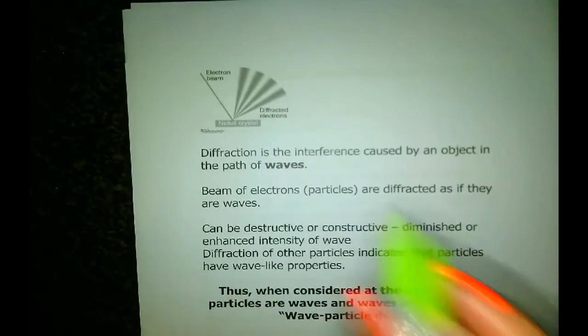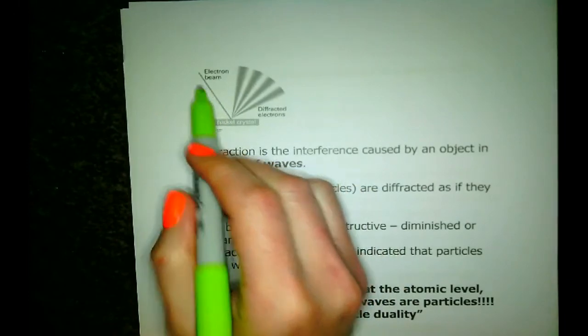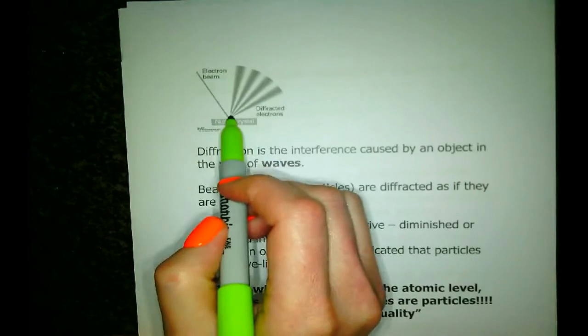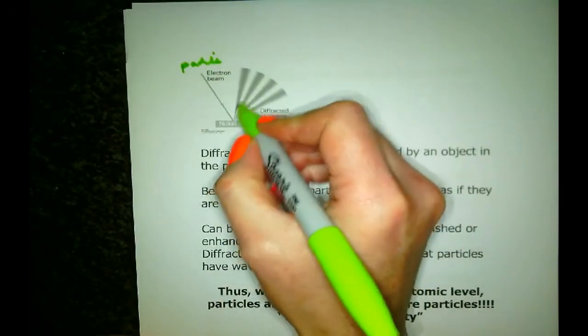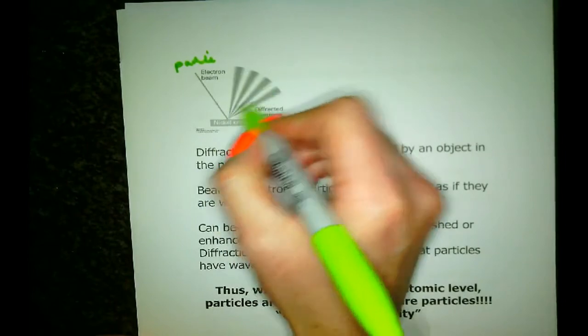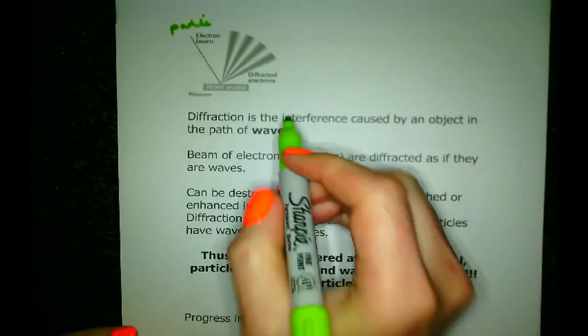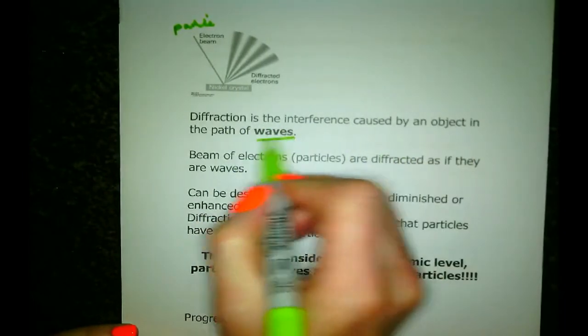So in this experiment, we have a nickel crystal which acts as a diffraction grid. An electron beam comes in, so this is a particle, and it diffracts like a wave would normally be diffracted. Normally diffraction is the interference caused by an object in the path of waves.